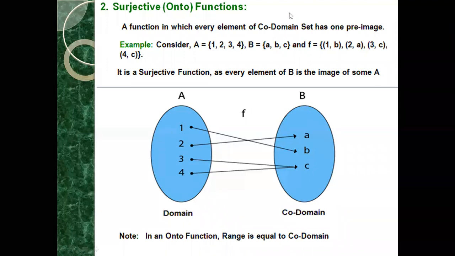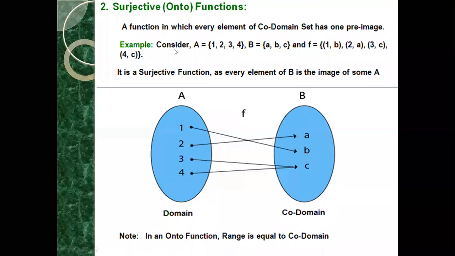So the second definition, surjective: a function in which every element of codomain set has a pre-image in domain. Okay.